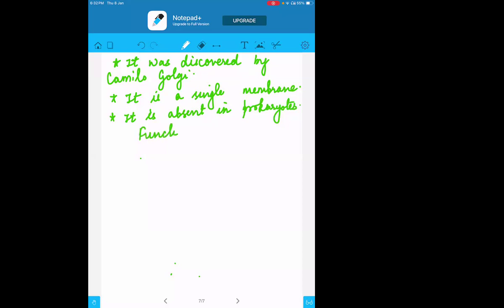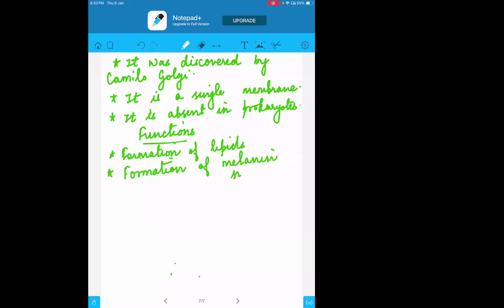Then the functions of them, they help in the formation of lipids. They also help in melanin secretion or production of it.